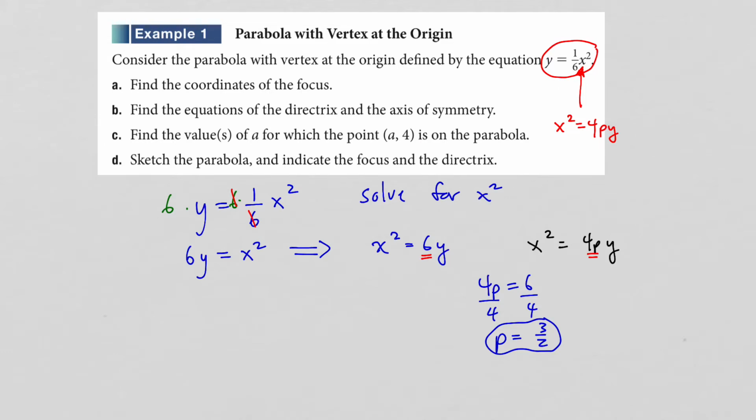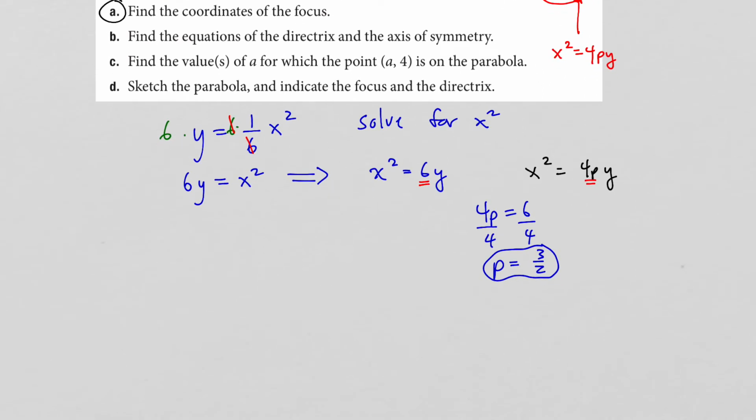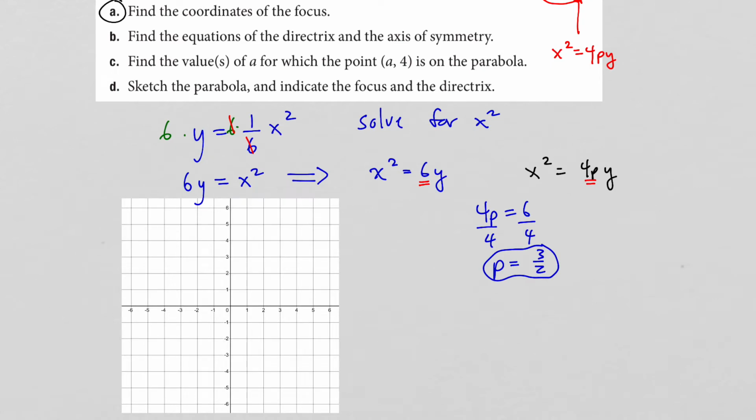Now that we have the value for p, we have to think about what does this mean? So what are the coordinates of the focus? Well, let's think about what the graph looks like. Because the equation is x squared equals 6y, we know that this parabola has to open up or down.